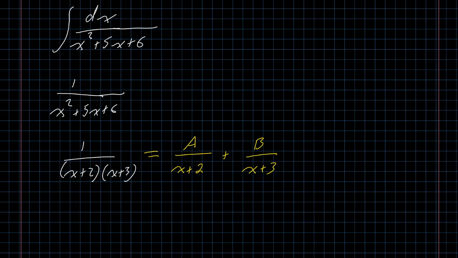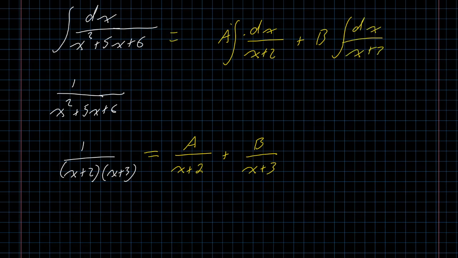And if we can figure out what the values of a and b are, then we can perform the integral, because we could split this up. So we can turn this into a times the integral of dx over x plus 2 plus b times the integral of dx over x plus 3. All we have to do is figure out what a is and what b is.